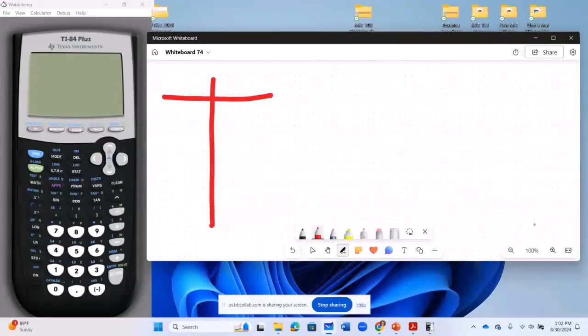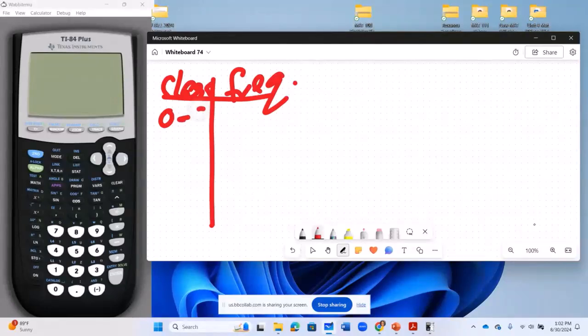So I already know the smallest number. So class, frequency. And the smallest number is between 0 and 9, so I'm going to say between 0 and 9.